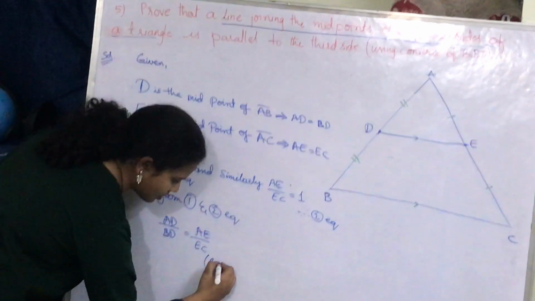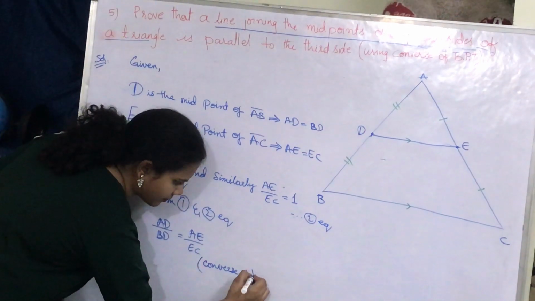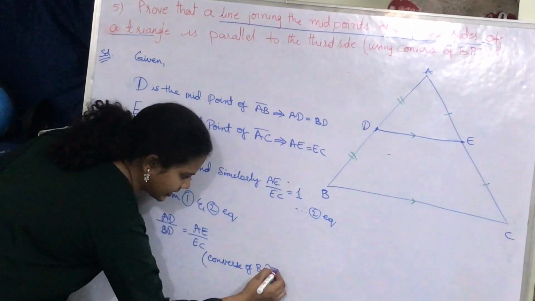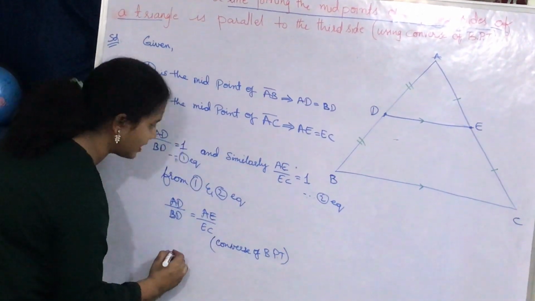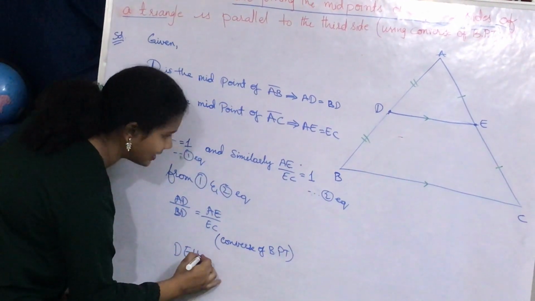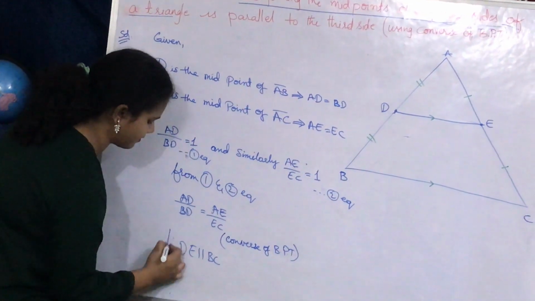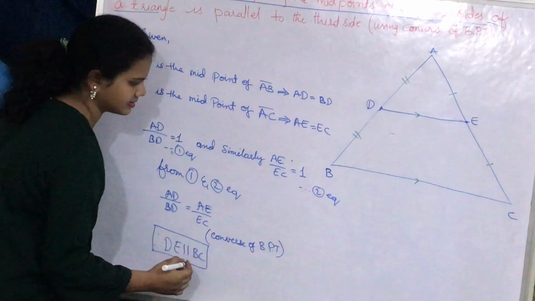By using the converse of BPT, I can say that DE is parallel to BC. Therefore, I can select over here.